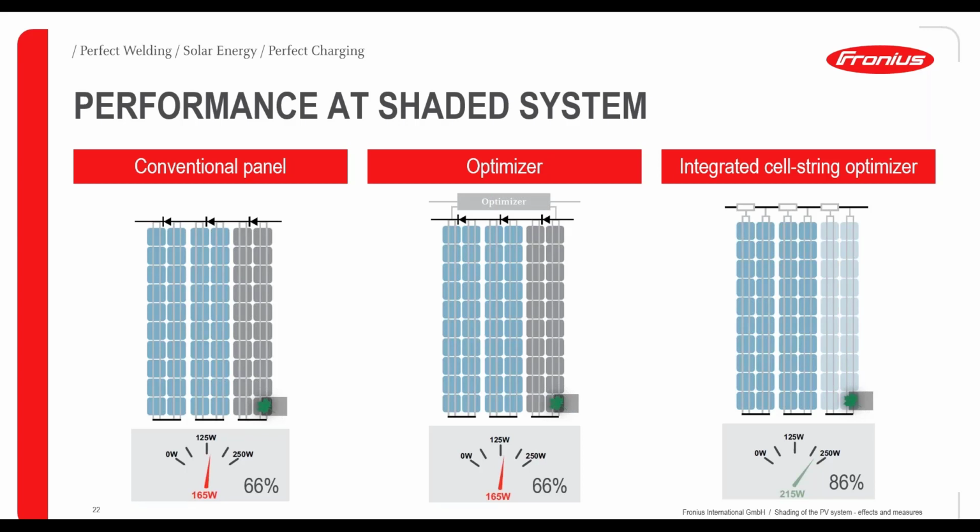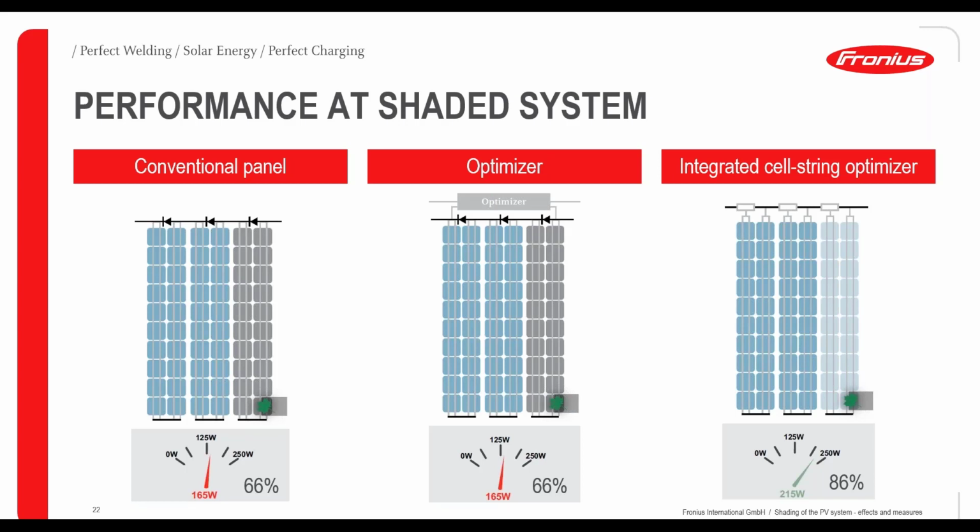With an optimizer, with a DC panel optimizer, also very common these days, there wouldn't be such a big difference, because the main issue with optimizers is they can't operate on a cell level. So in the same shaded scenario, they wouldn't be able to get more out of the system than a conventional panel. Actually, it would still mean we get a little bit less energy, because the optimizer needs a little bit of energy for operating. So in this case, we also have written down only 66% coming out of this shaded module.